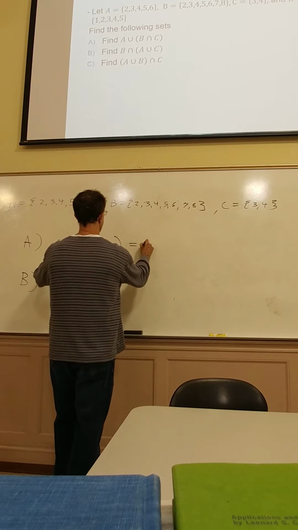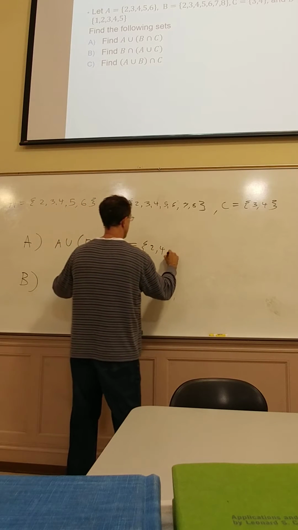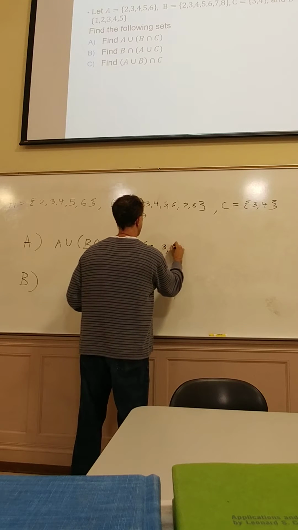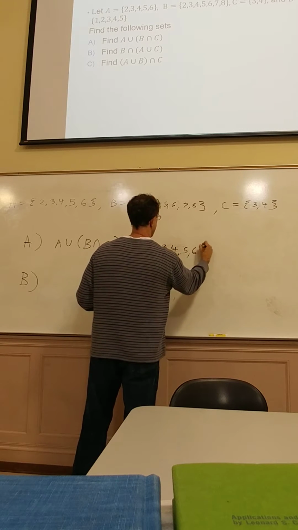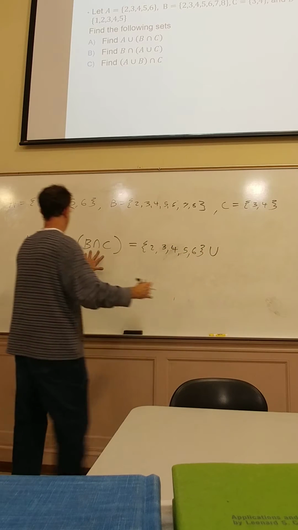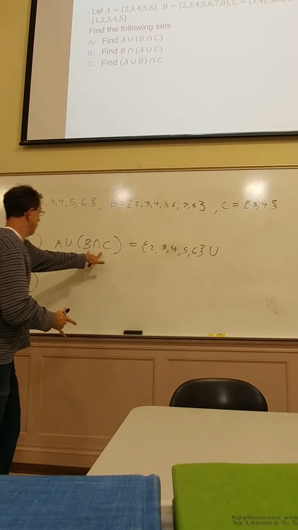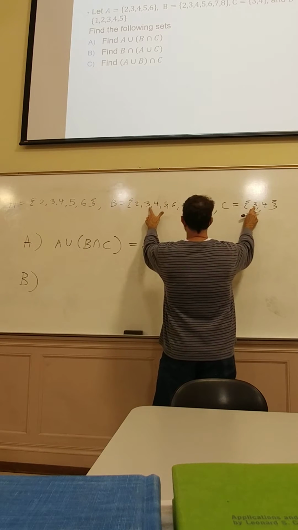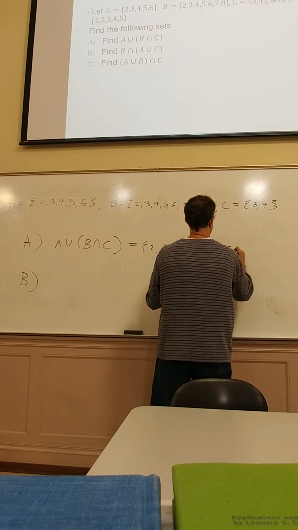So I'm going to recopy A. Let's write down the elements. And then union that with B intersects C. Now I'm actually going to perform this operation. So B intersects C, the common elements would be 3 and 4.